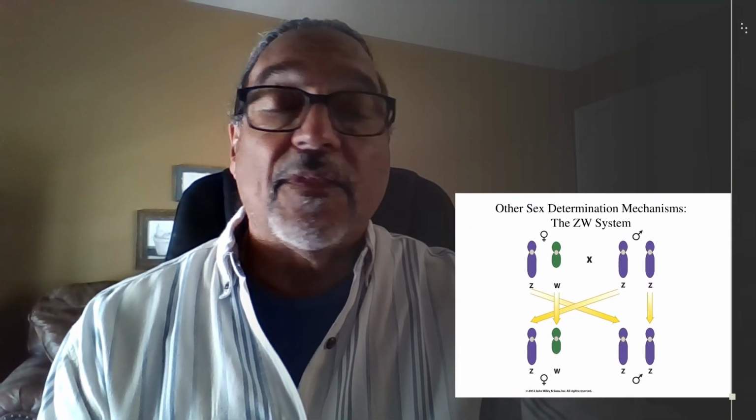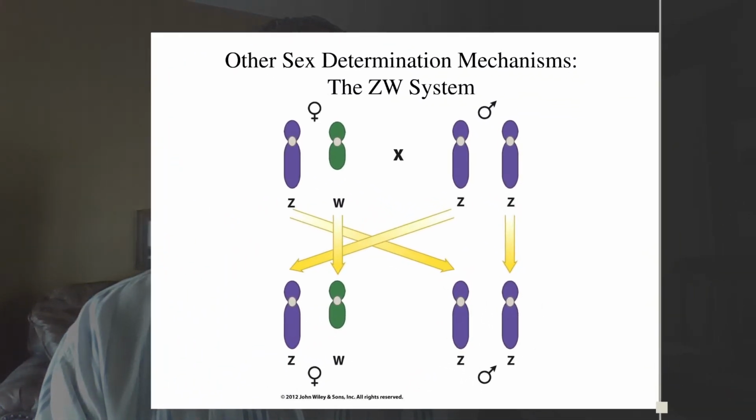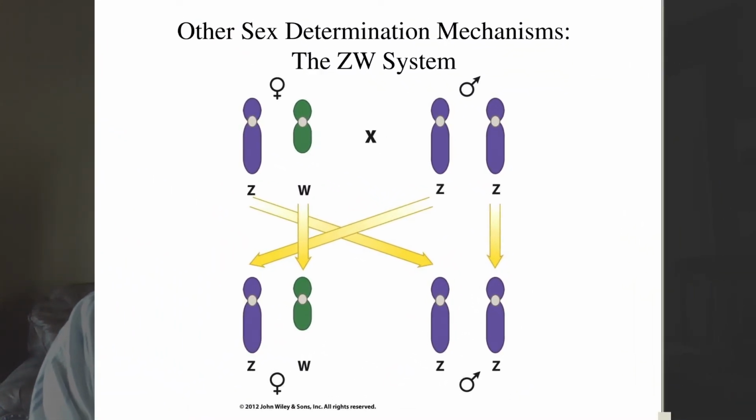Of course, the other method is what's called the ZW system. And in this case, this is typically found in birds, but also in butterflies. And in this case, the ZW genotype is female and the ZZ is male.